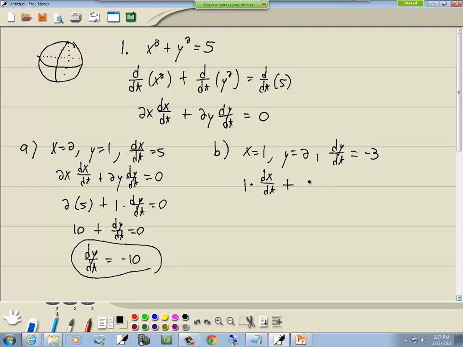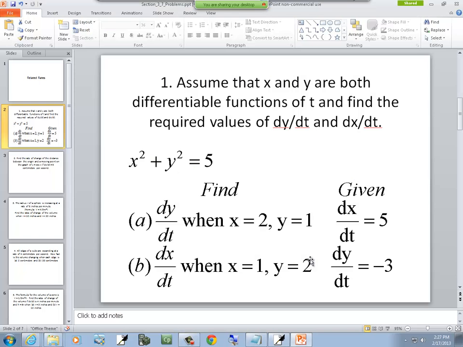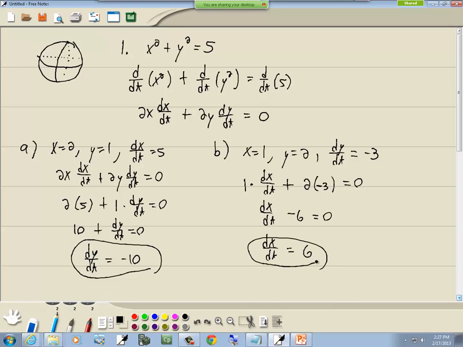Plus y, which is 2, times dy/dt, which is negative 3, equals 0. So that gives us dx/dt minus 6 equal to 0, or dx/dt is equal to a positive 6. And that's the last thing they're asking for. So those are our answers.